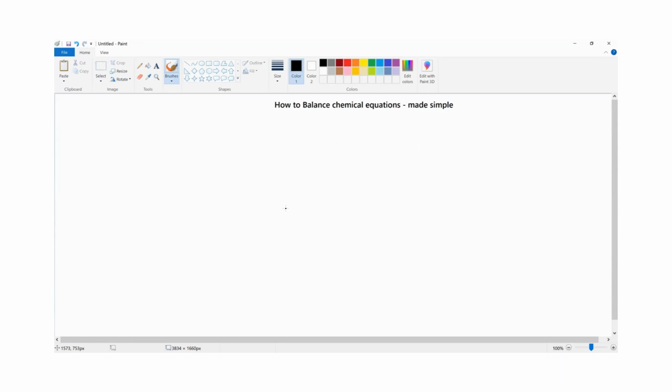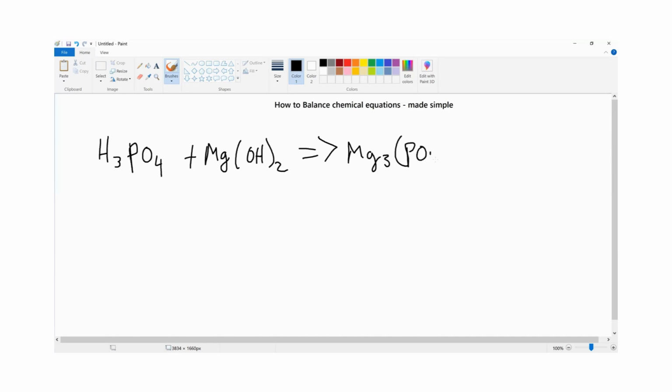Now let me show you another example. Mg(OH)2 plus H3PO4 gives us Mg3(PO4)2 plus H2O.